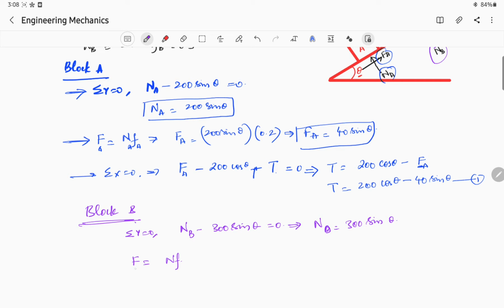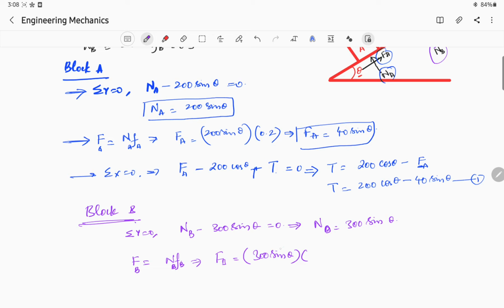Next, F is equal to NF. So FB, the frictional force under B, is equal to the normal reaction NB times the coefficient. Where NB is 300 sin theta.